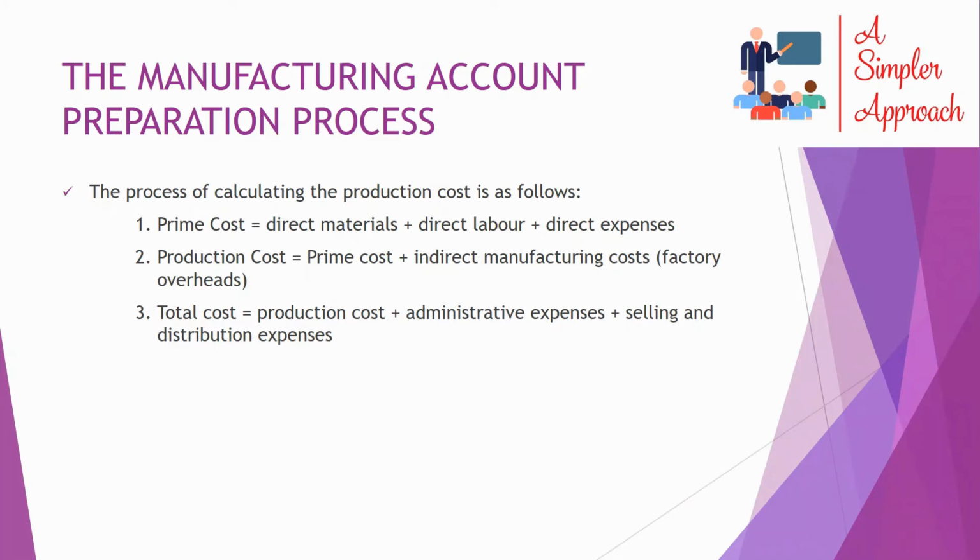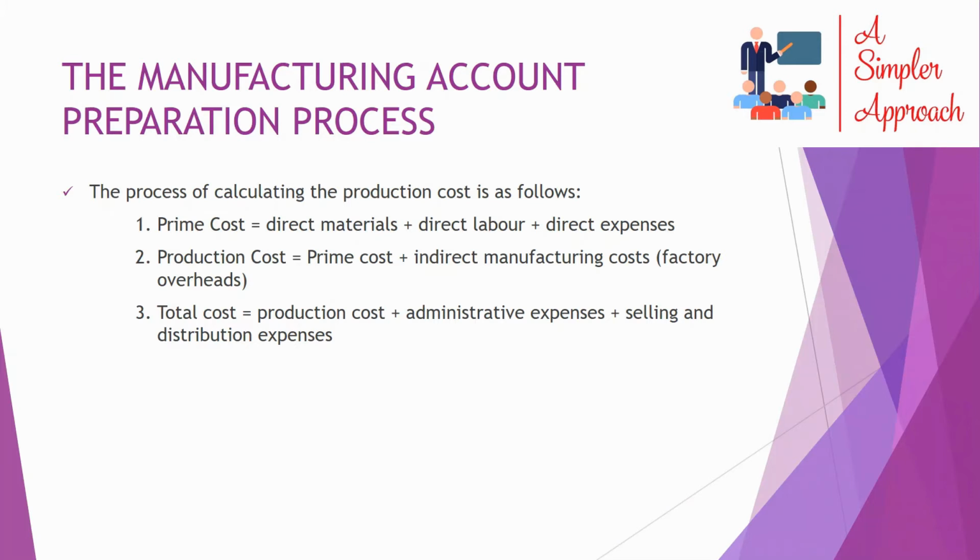Number two is called the production cost. And the production cost is made up of prime cost, which is number one, and indirect manufacturing costs, otherwise known as factory overheads, which is basically all the indirect costs that are associated with the entire production process. Okay?